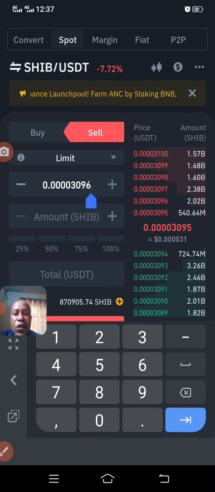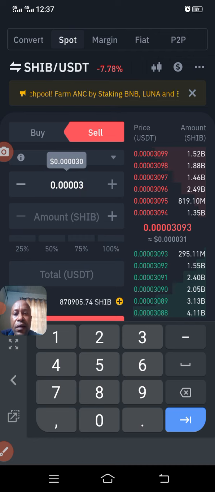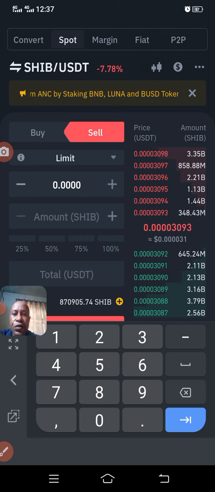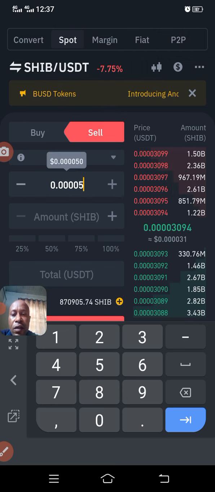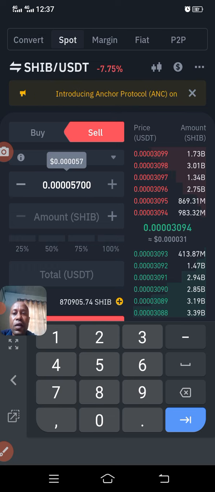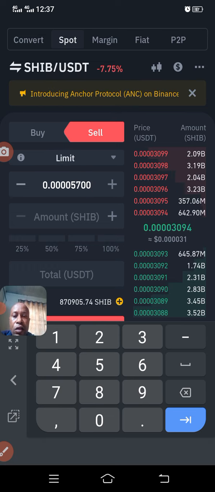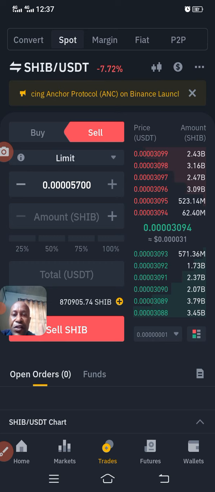Now I will put in my sell order that whenever Shiba reaches 5700, it should sell my Shiba.